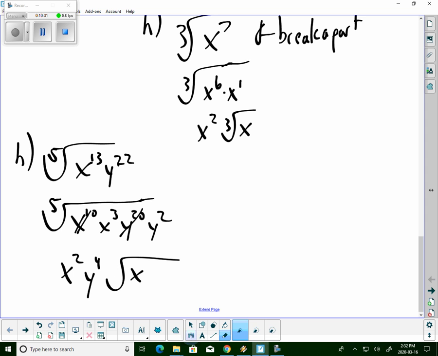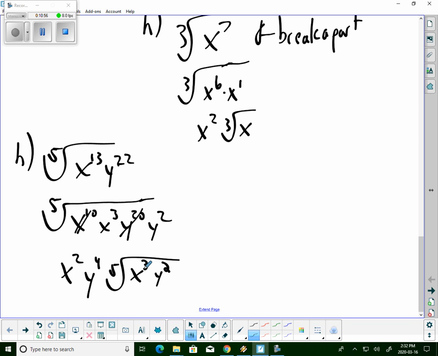Fix that. So still in the fifth root, x cubed, y squared underneath the radical. I'll fix that 3 eventually. There we go. That's exactly it. Break them apart. Take the fifth root. Questions in there?